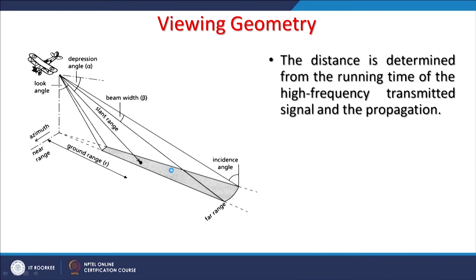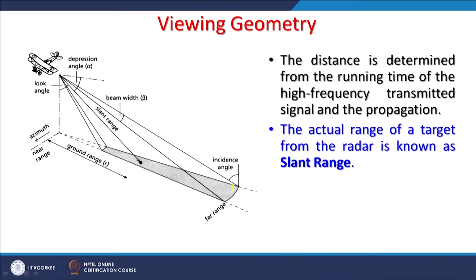Same thing here, which we have just discussed: the distance is determined from the running time of the high frequency transmitted signal and its propagation from the sensor, and the actual range of the target from the radar is known as the slant range.